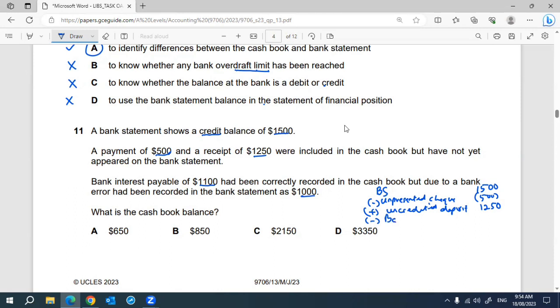So this would be bank interest under deducted or understated. So therefore, the cash book balance is 2,150, and the correct answer is C.